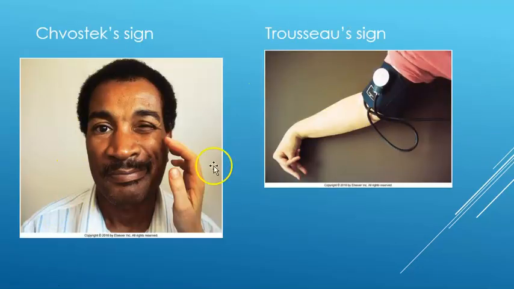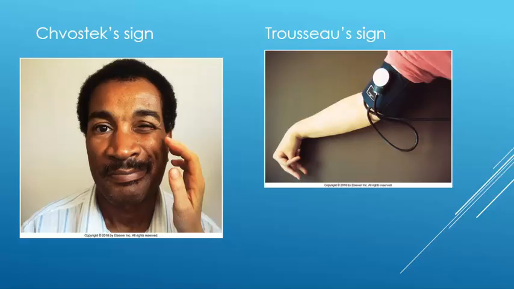Here's a picture of each of those signs. With this one, you're going to place the blood pressure cuff on the arm. You're going to inflate to about 20 above their normal systolic blood pressure and hold it for about 3 to 5 minutes. This increases the irritability of the nerves, and a flexion of the wrist and metacarpal joints can be observed with extension and adduction of the thumb.